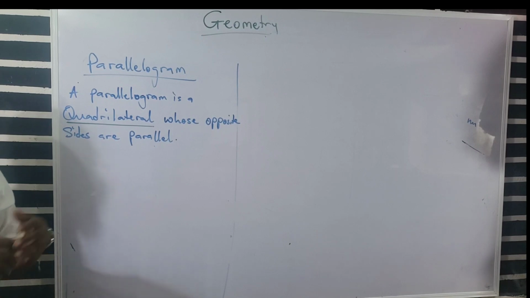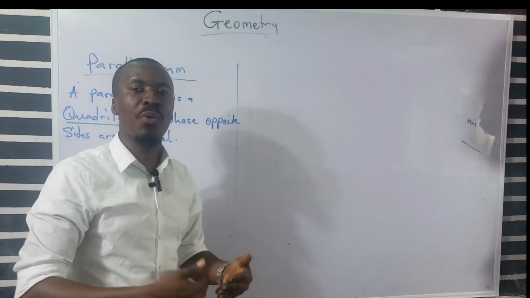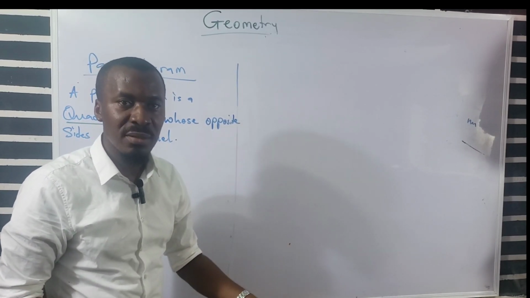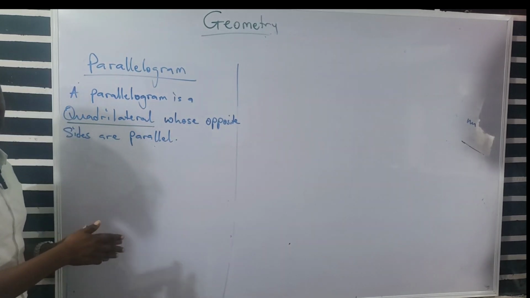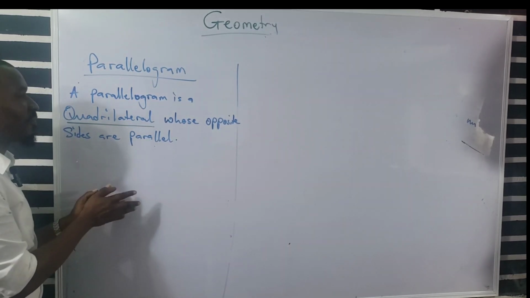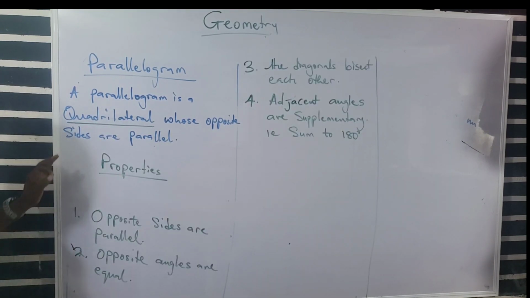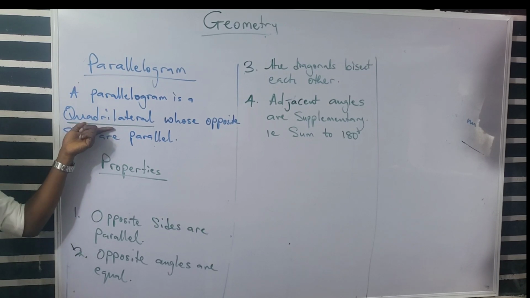So what are the properties of a parallelogram? A parallelogram will possess all the properties of a quadrilateral plus its own properties. So what are the properties especially for parallelograms? Remember, a parallelogram is also a quadrilateral.